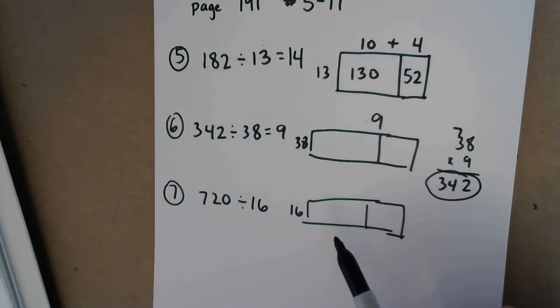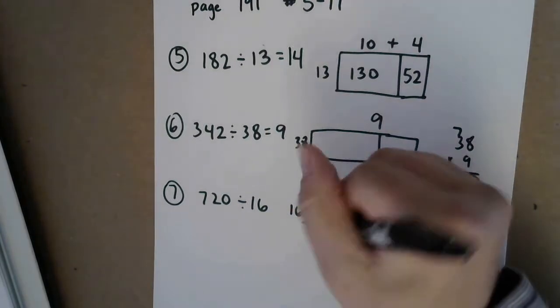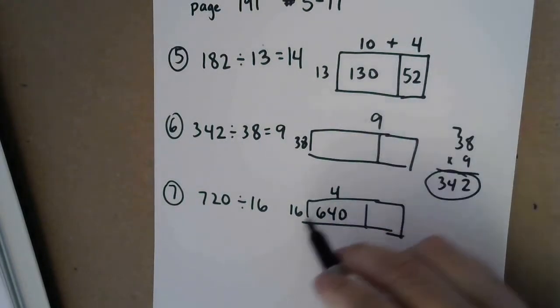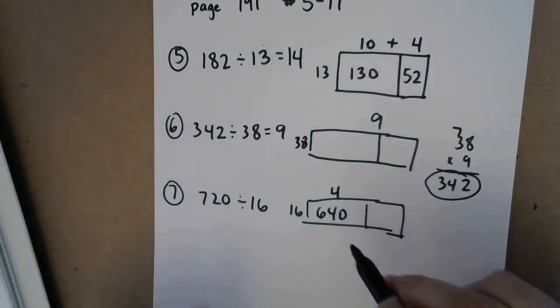Let's try 16 times 4. That would be 64. Right? I'm doing the math kind of quickly, I realize. But I could get 640. Ooh. I wonder if I can go higher than that. I can't. So I can go with 640. Now 640 divided by 16, again, that's going to be 4. Because 4 times 16 got me there. And then what's left over?